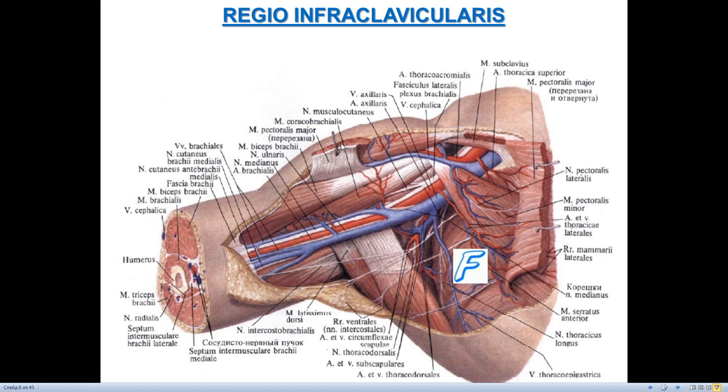On the inferior margin of the pectoralis major muscle, it attaches to the pectoral and axillary fascias and closes the subpectoral space inferiorly.